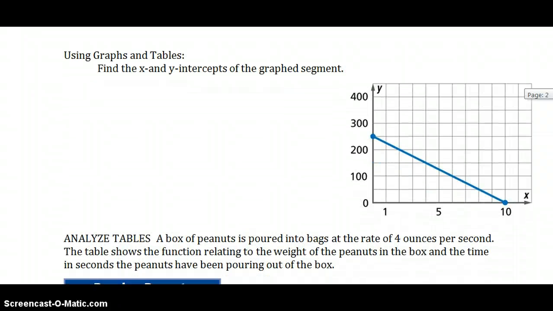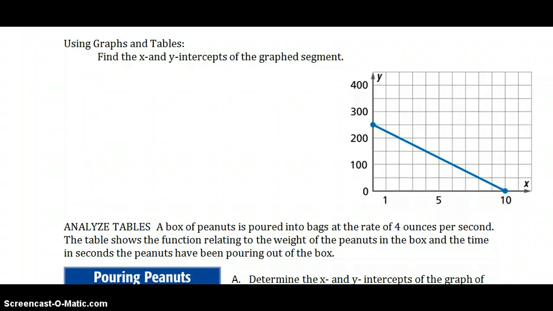Alright, moving on to your next page. Let's use graphs and tables. Find your x and y intercepts. There's that word, intercepts. That's where does it catch the x-axis and where does it catch the y-axis. Well, this is your y-axis. This is your x-axis. And it looks to me like this is the point where it hits the y-axis. So x travels 0 on x.